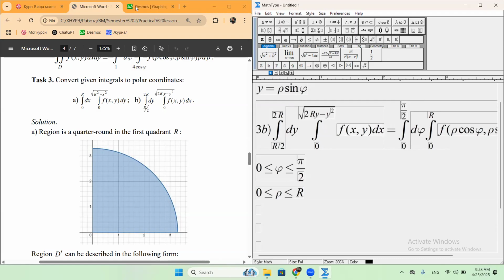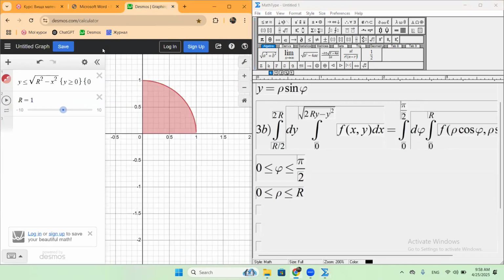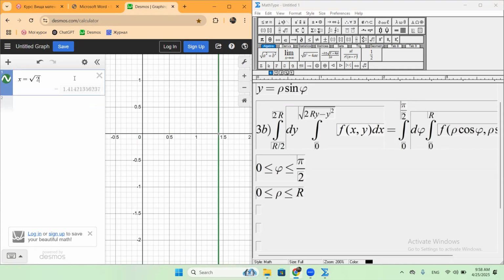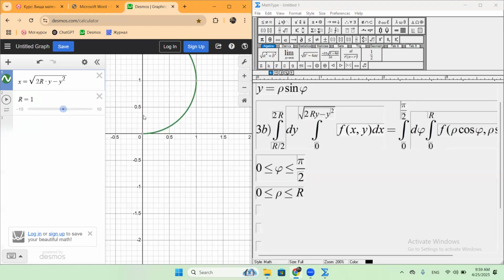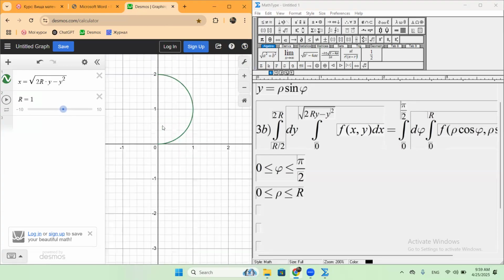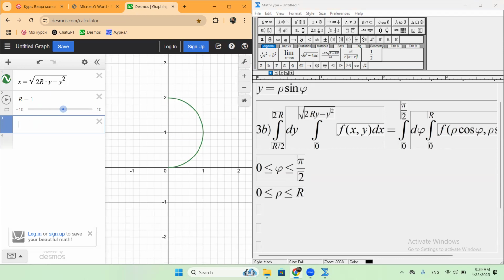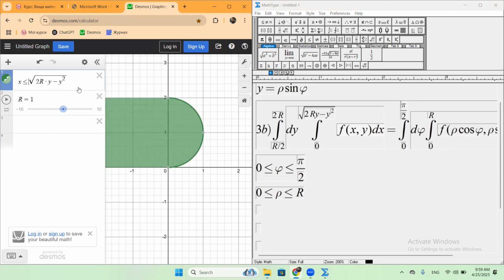And now let's plot this graph. And by the way, x is greater or equal than 0.